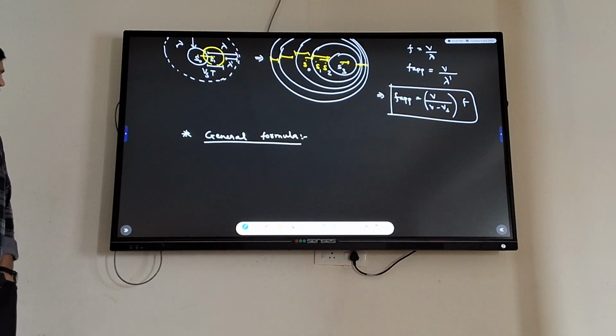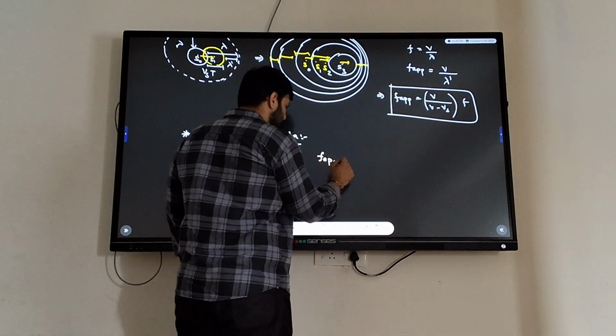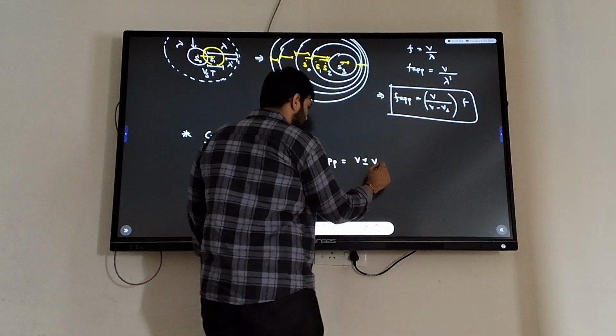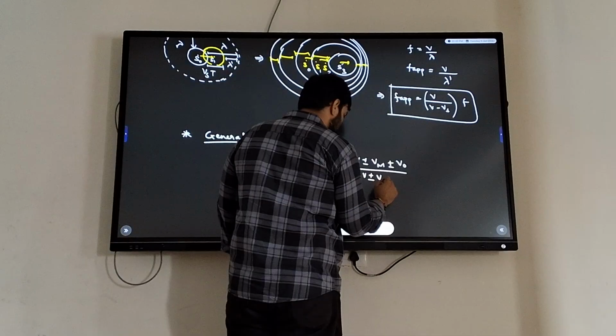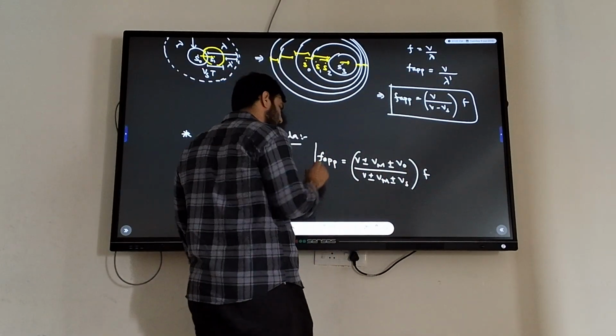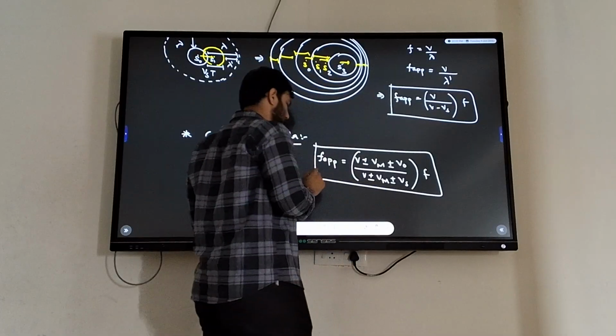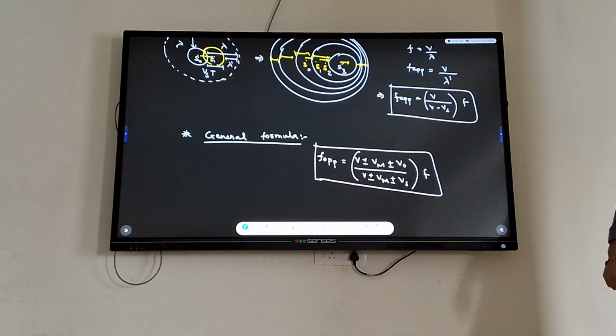Anyways, the general formula will be the F apparent is given to be V plus or minus Vm, Vo divided by V plus or minus Vm. This is the formula at hand. The general formula.